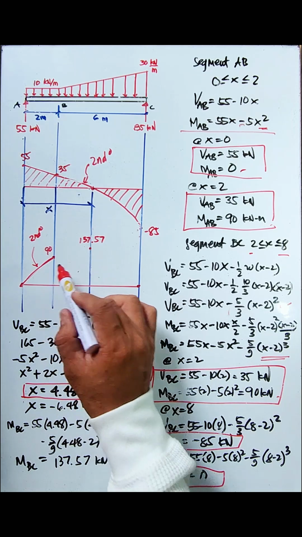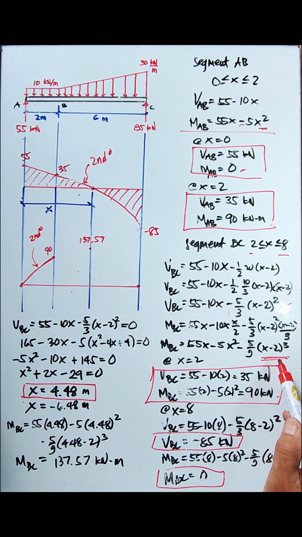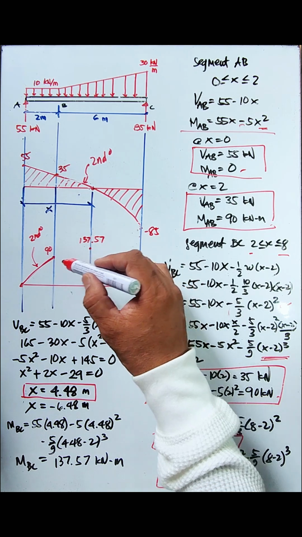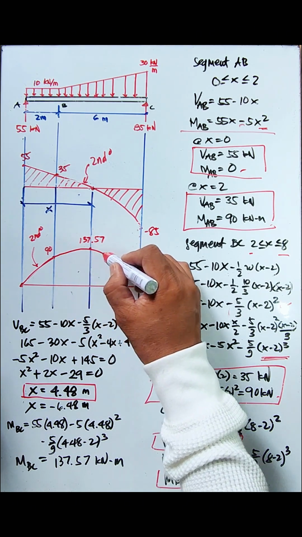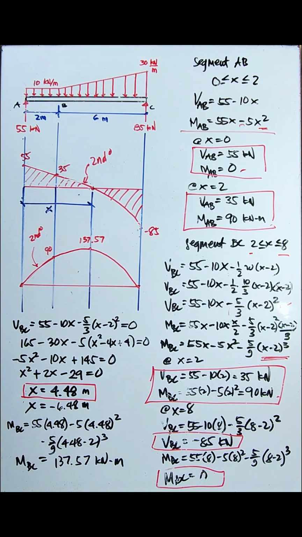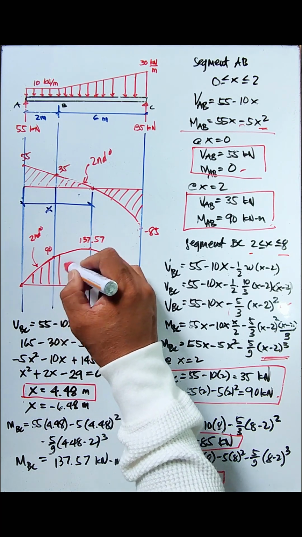Then from here to here to here, it's a third degree curve. So to connect this with a curve, it's 3 points. Obviously, it should look like this. This one being the maximum bending moment. So this is your moment diagram.